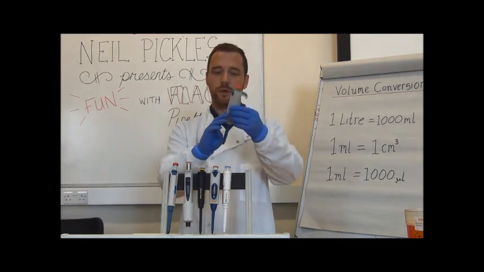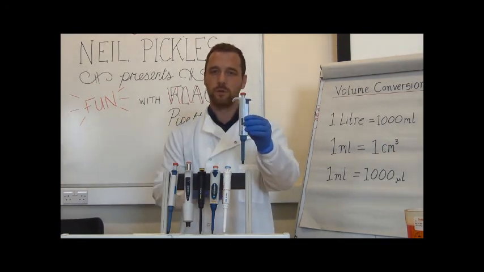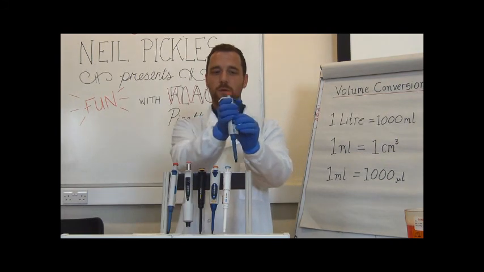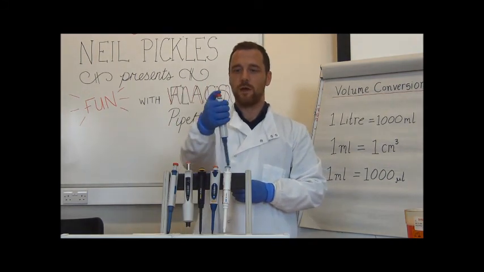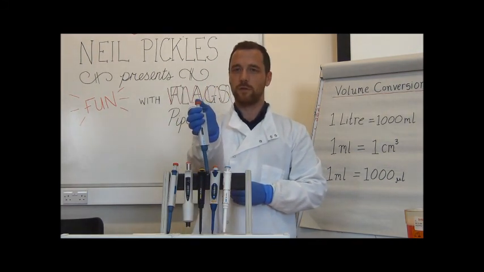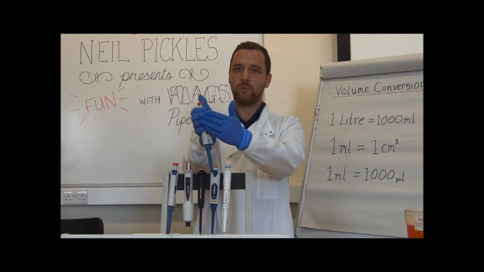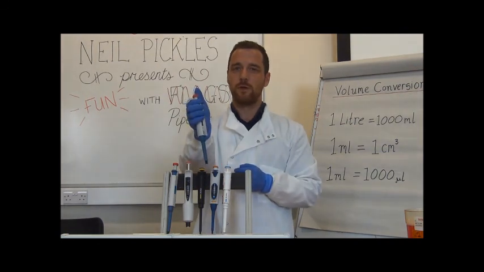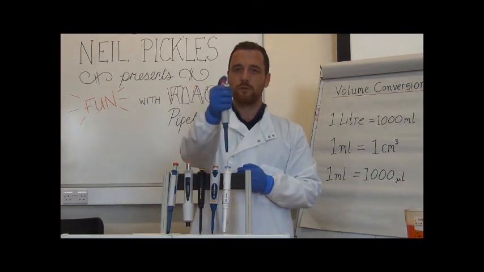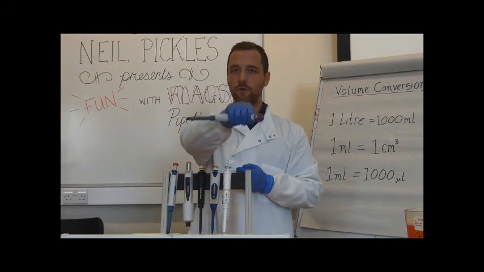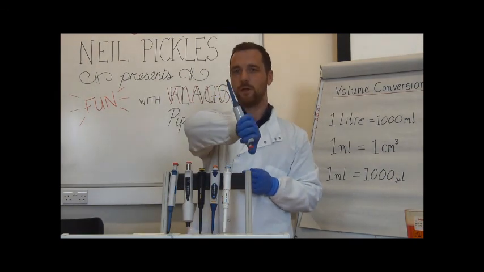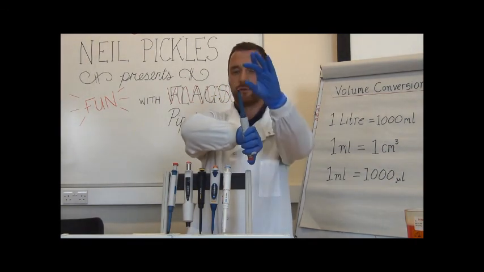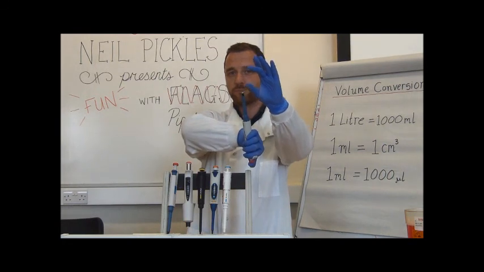The next important thing about a pipette is how we use it. The shape of the pipette is designed to be held in a particular way like this, with your thumb on the plunger at the top and your hand gripped around the rest of the pipette. It's important when using the pipette to keep it upright, not to do this, and particularly not to hold it up this way, especially when there's a tip on it.